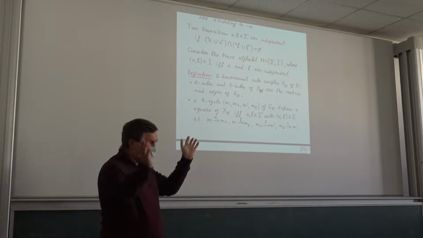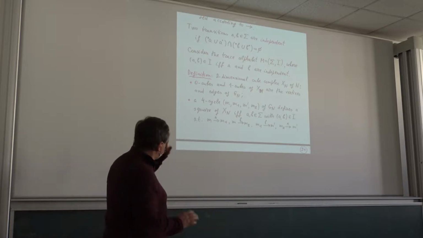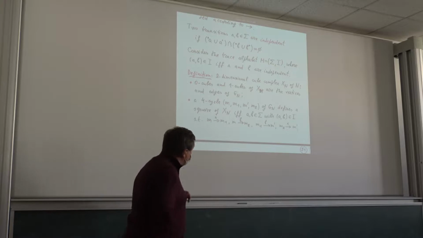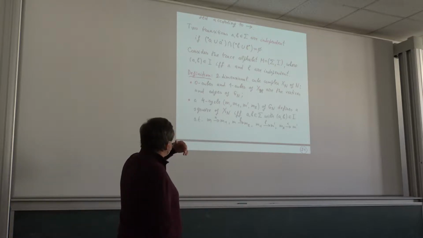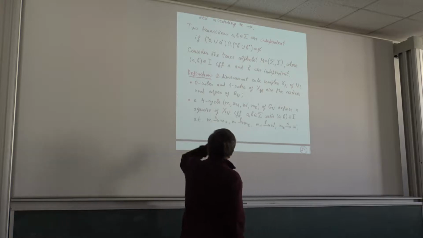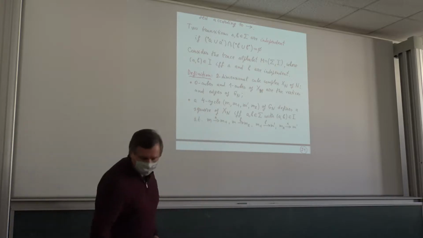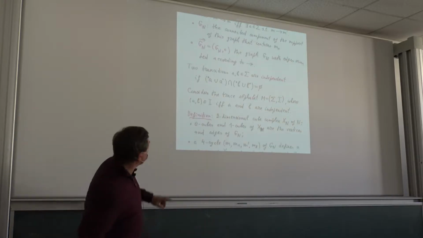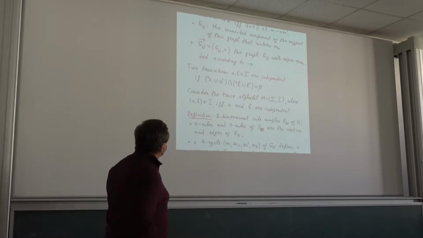We can define more cubes if we want, but 2-dimensional is the most important part. So the 0 cubes and the 1 cubes of this complex x of n are the vertices and the edges of the graph G of n as I defined above.